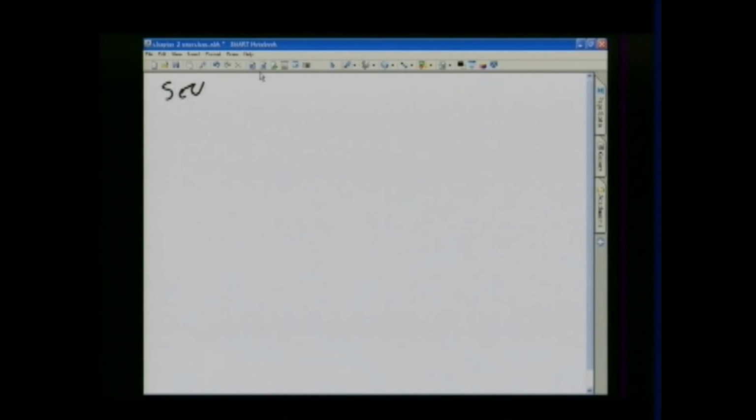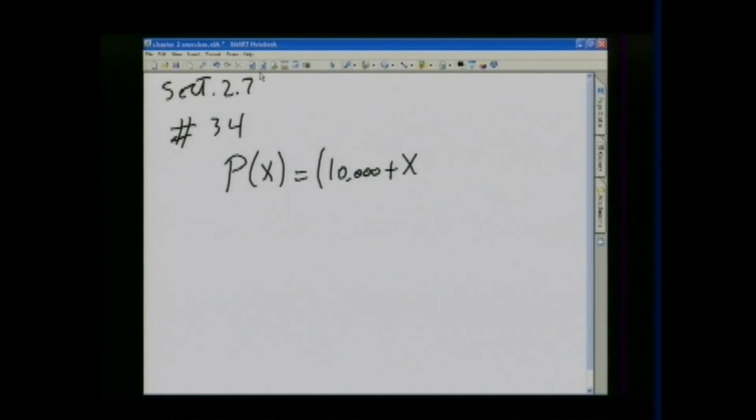Again, section 2.7, number 34. The profit, shown as P of X, would be equal to 10,000 plus X, which is the number of bottles sold above, multiplied by the profit per bottle, which is $5, minus, now this goes down for every unit above 10,000.